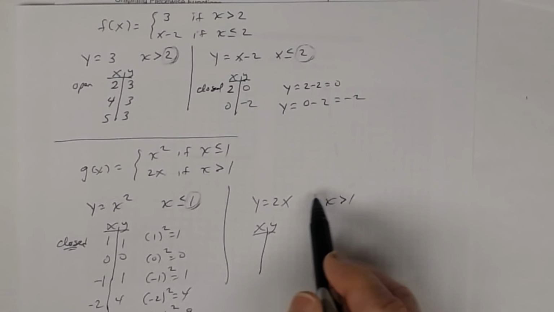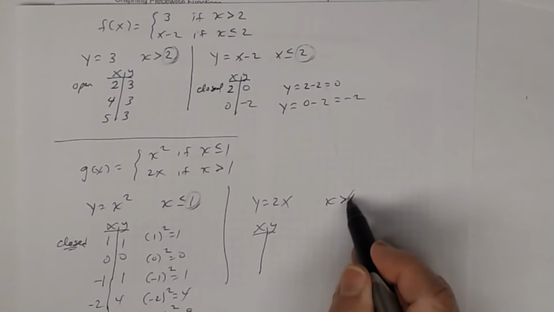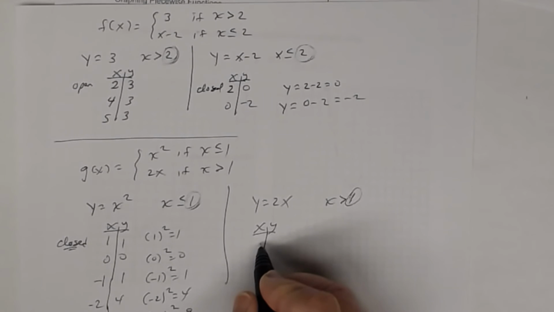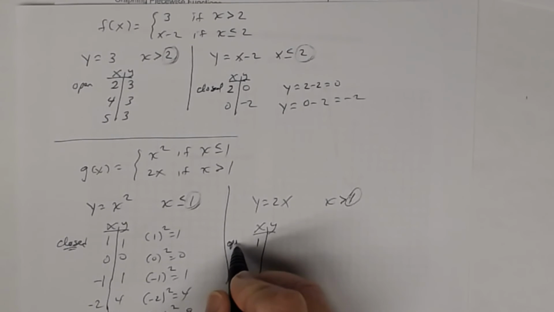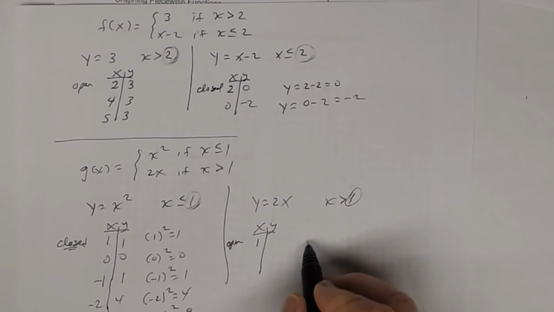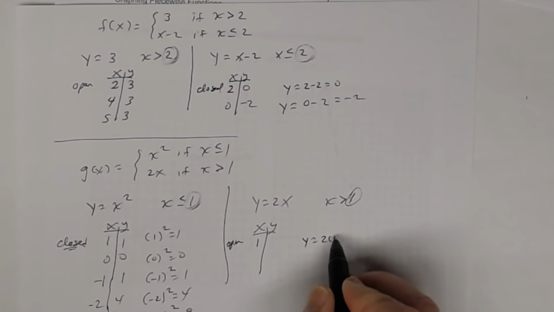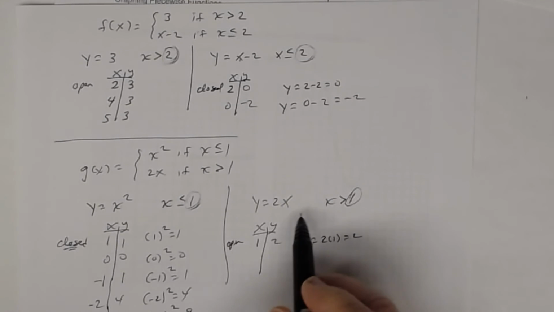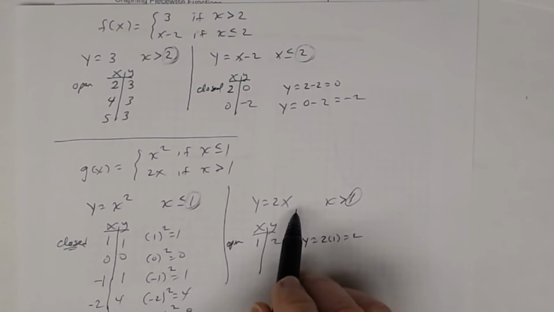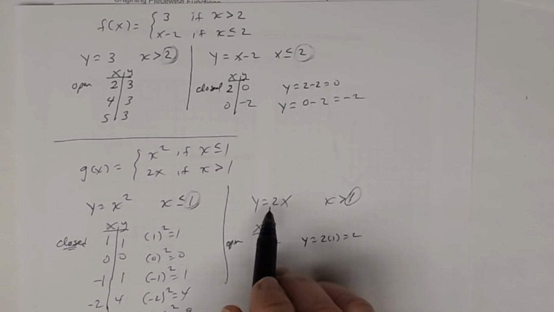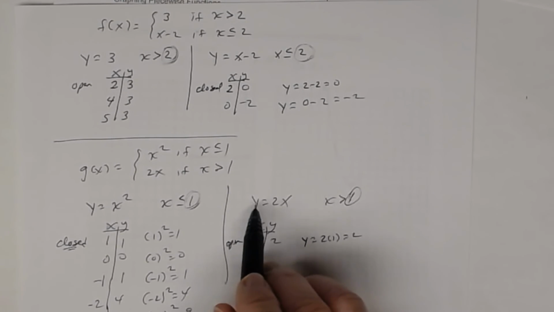As we talked about earlier in all these problems, I must use this number, even though there's no equal sign. So when x is 1, I'm going to use an open circle when I plot that point. When x is 1, I get y equals 2 times 1, which is 2. If the domain's all real numbers, I get a line.